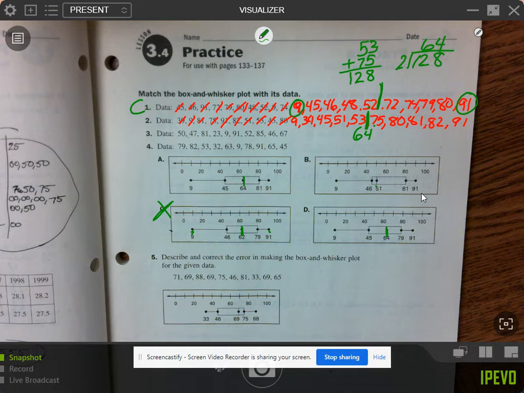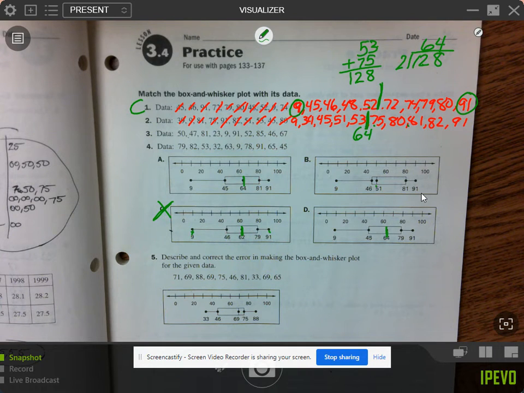What do we need to look at if our median doesn't help us, if the upper and lower extremes don't help us? Because that's supposed to be 79 and that's 81. What is 81? It's the upper quartile. So when we have the same medians, we need to find that upper and lower quartile to see where our boxes start and stop.